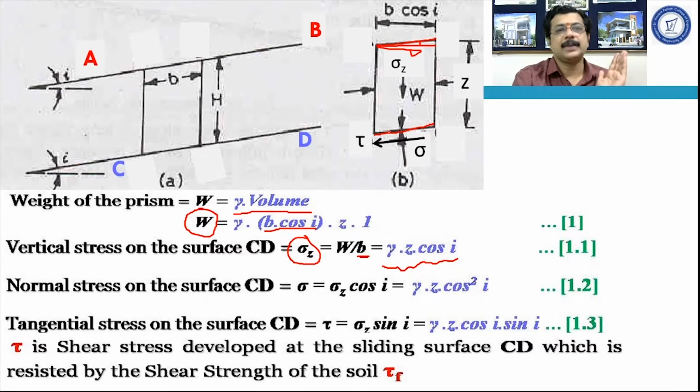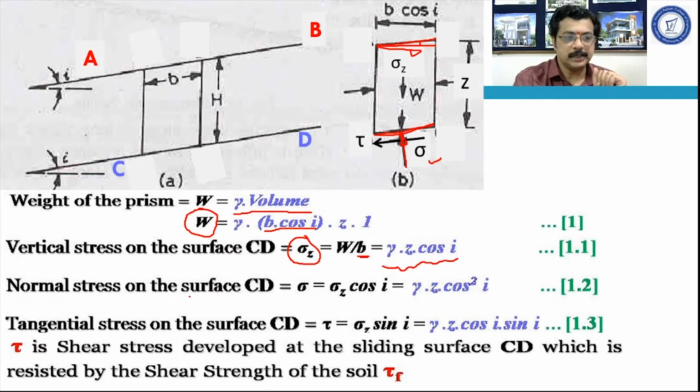After this, we will calculate the normal stress. Normal stress means normal to this inclined surface. So this normal stress would be called sigma. Okay, so this sigma we want to find out. How to calculate that?